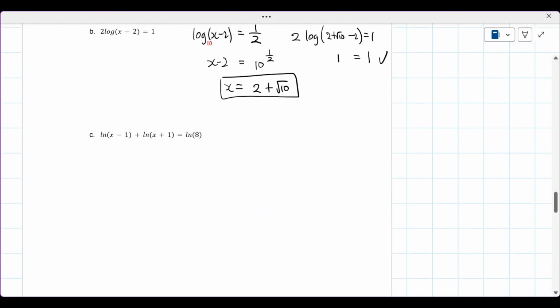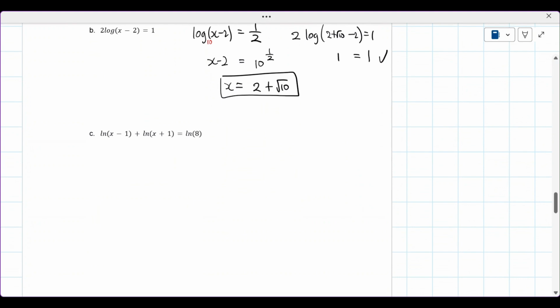Let's do the final part. ln of x minus 1 plus ln of x plus 1 equals ln of 8. So the question is a bit more complicated because we can't just undo the log right away. In order to undo the log on both sides, they need to be isolated on either side. So the first thing that I'll do is combine the two logs on the left-hand side into one single logarithm.